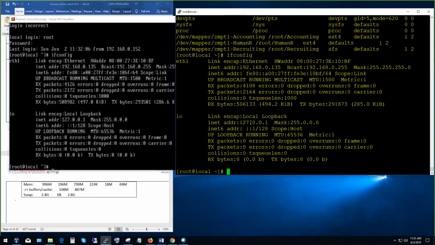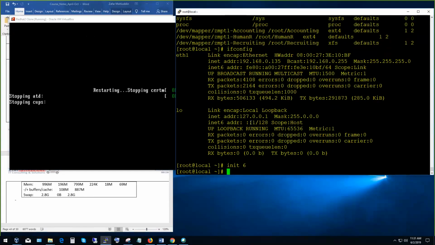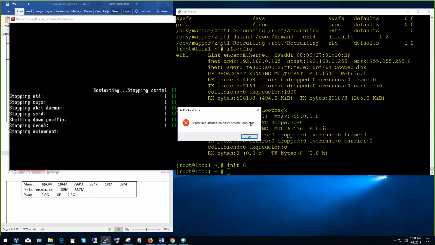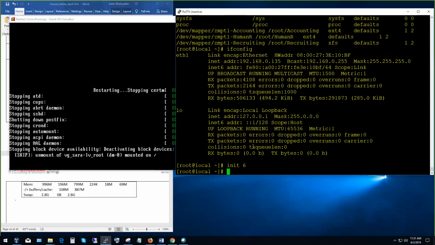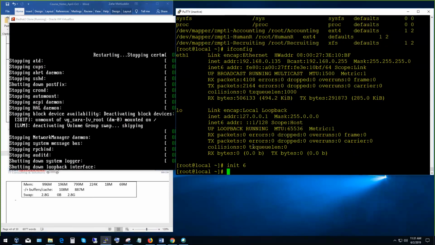Let me restart. The system is going to give you the error. It's going to look for the fstab file, check all the entries, but it's not going to find those volumes. So it's going to give you the error definitely. Okay, let's see.